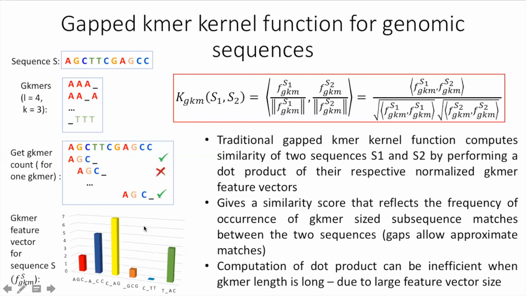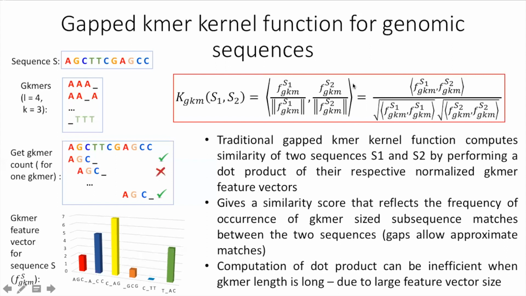Proceeding this way, we can represent the genomic sequence as a GK-mer feature vector, represented as f_S^GKM, or the GKM feature vector for sequence S. And now, using the GK-mer feature vectors of the input sequence and the support vector sequence, we can easily compute the GKM kernel function by performing a dot product of the normalized GKM feature vectors, as shown here in this equation.